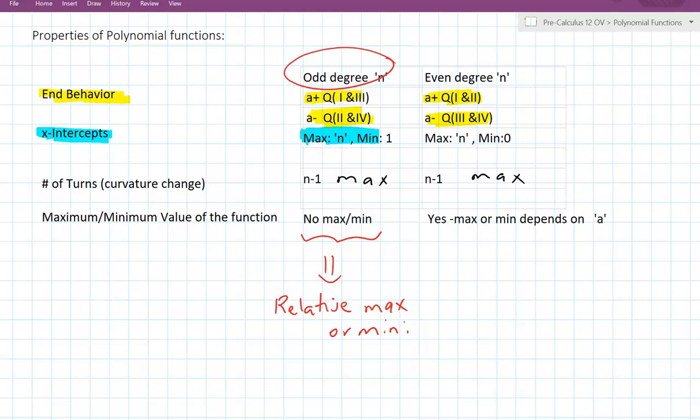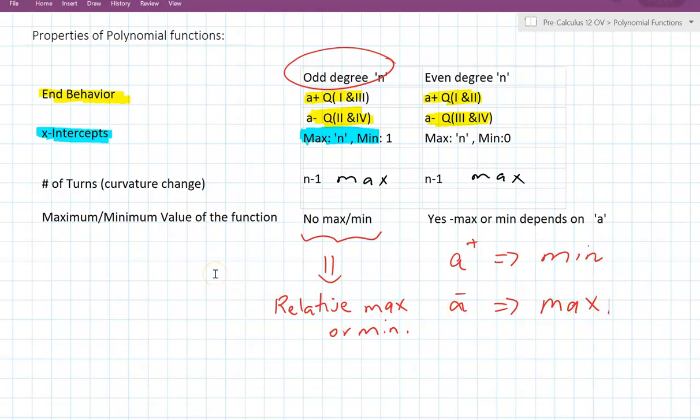But the even degree ones do have them. If a is positive, you will have a minimum value. If a, the leading coefficient, is negative, the graph is upside down, and therefore you are going to have a maximum value of the function. All right, and that's basically it.